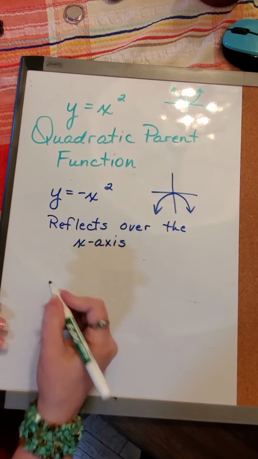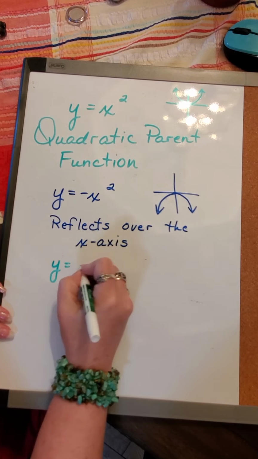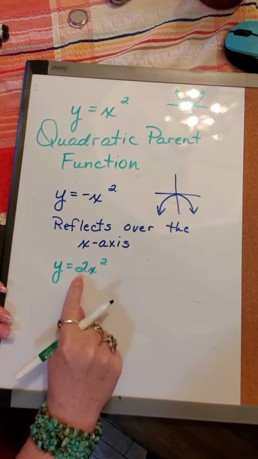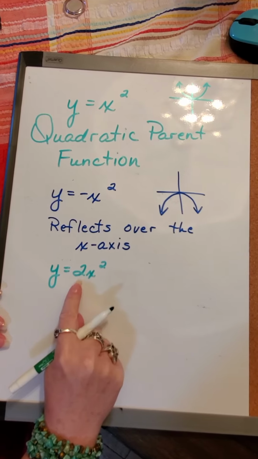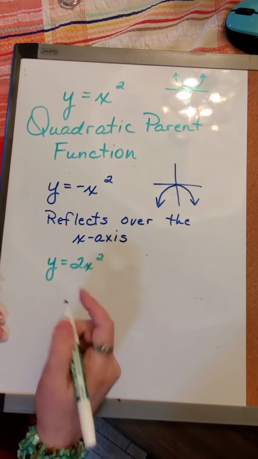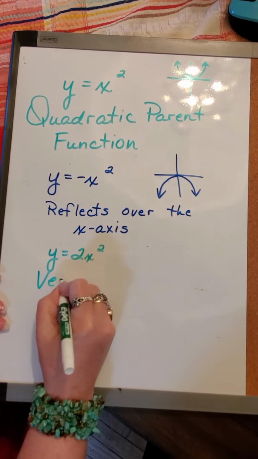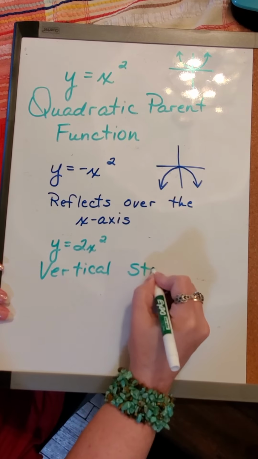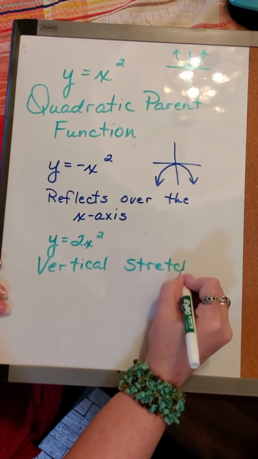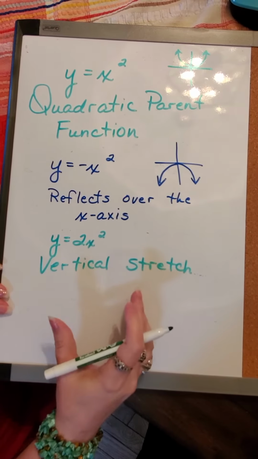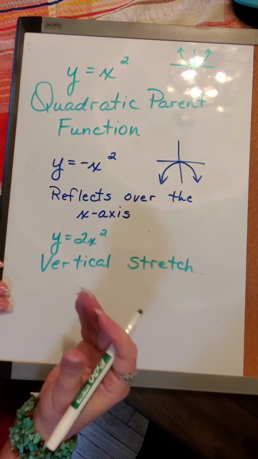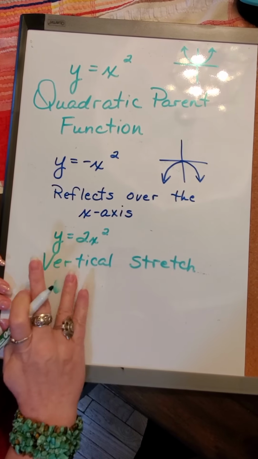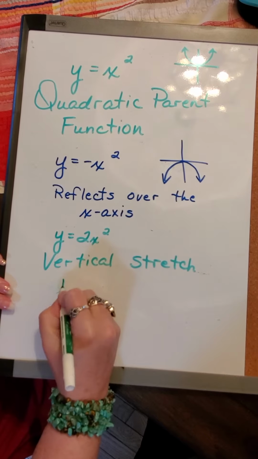Okay, now if I were to give you y equals 2x squared, and I put a number greater than 1 in front of this, this is what's called a vertical stretch. And what this does is it makes the graph get more narrow, or we could say narrower.